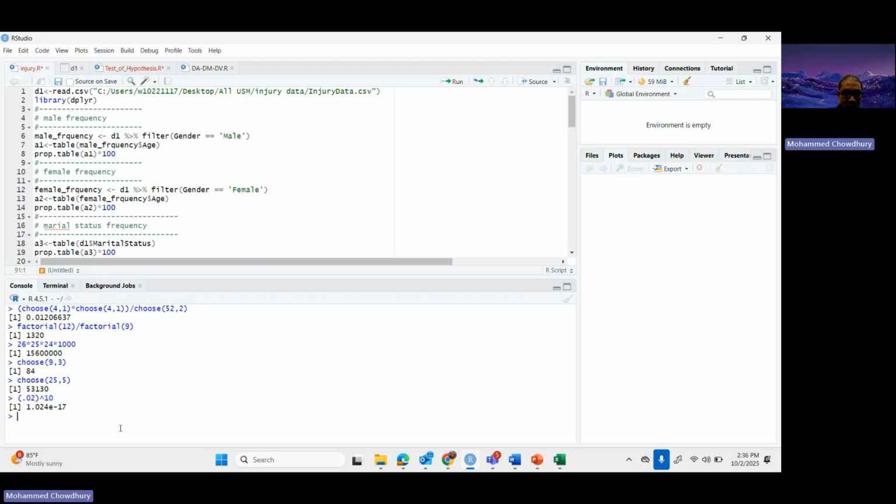You are saying 1 minus 0.98 to the power 10, right? So if this is true, then why would that not be true? First one win.